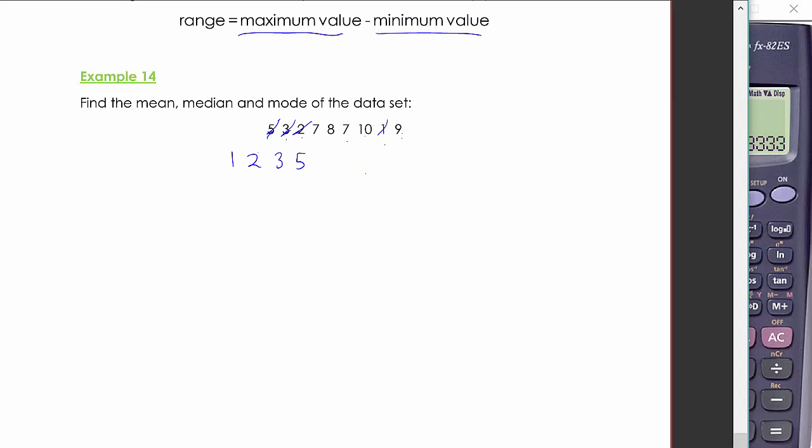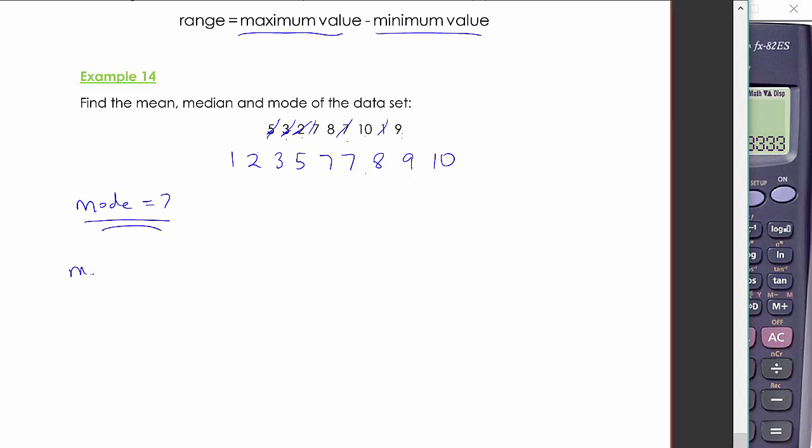And then no 6, but I've got 2 7s. And then I've got an 8, a 9, and a 10. So 1, 2, 3, 4, 5, 6, 7, 8, 9. I've got all of them. So clearly there's 2 7s and 1 of everything else. So the mode is 7.